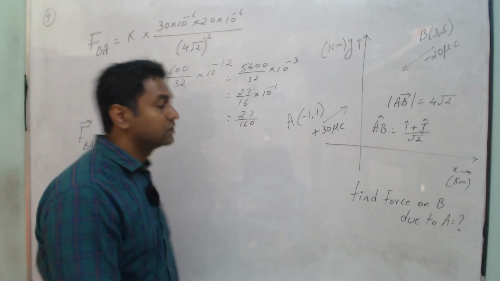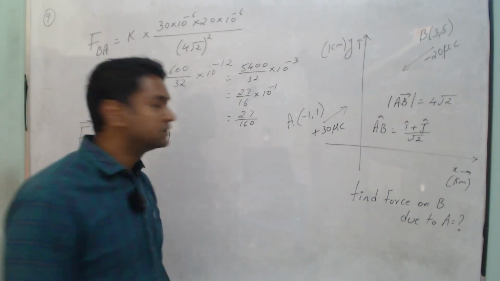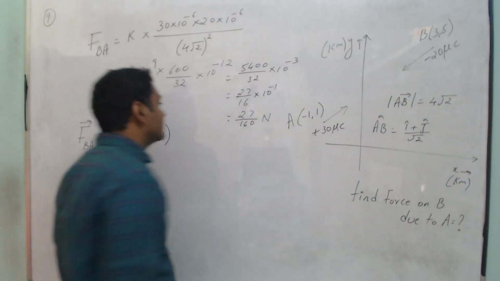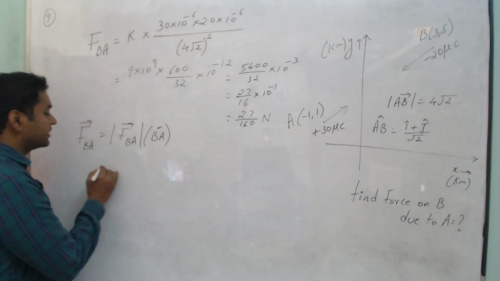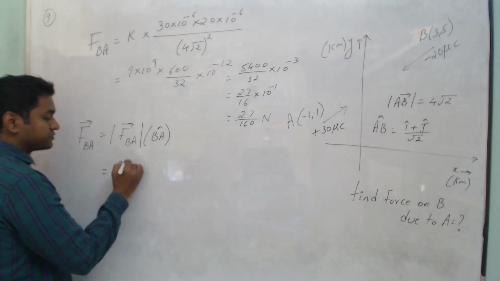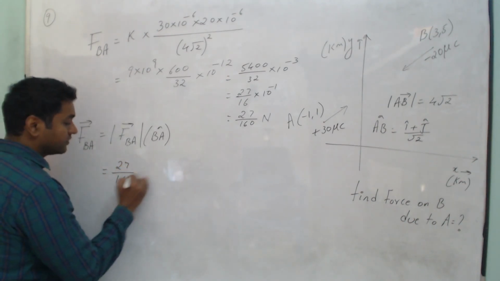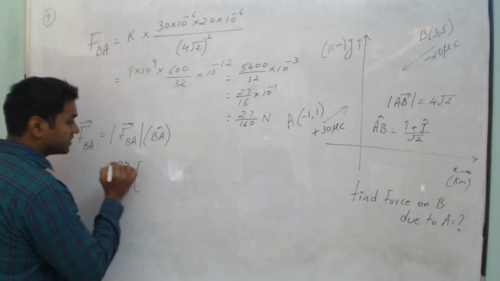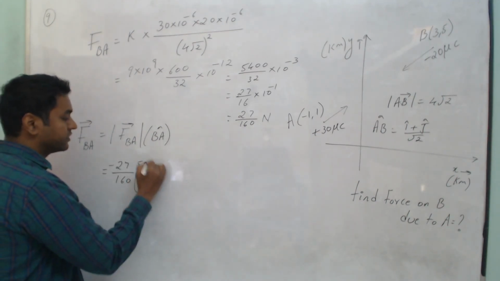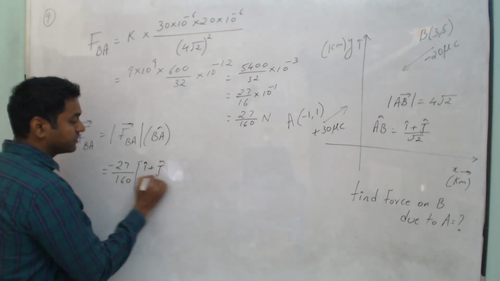Newton. I'll keep it like that, not dividing anything anymore. I'll just substitute 27 by 160, and here I'll substitute the minus sign. I have substituted I cap plus j cap divided by root 2.